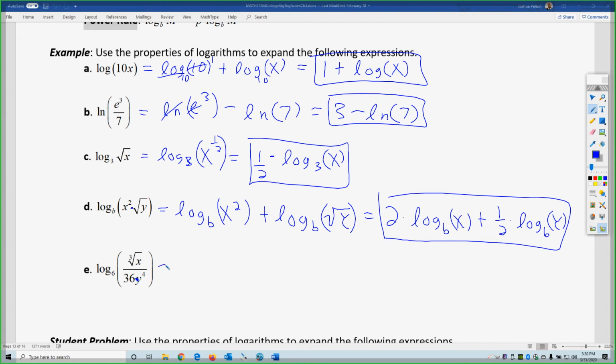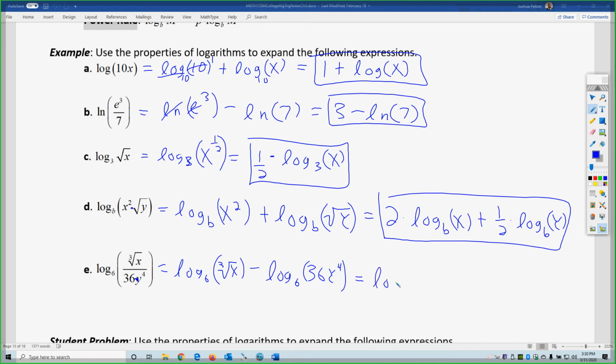All right, so this is log base 6 of the third root of x minus log base 6, and on the bottom we have 36y to the fourth. Ah, that's sloppy. Let's rewrite that. Okay, so we did quotient first, product, and then power last, follow the order of operations.